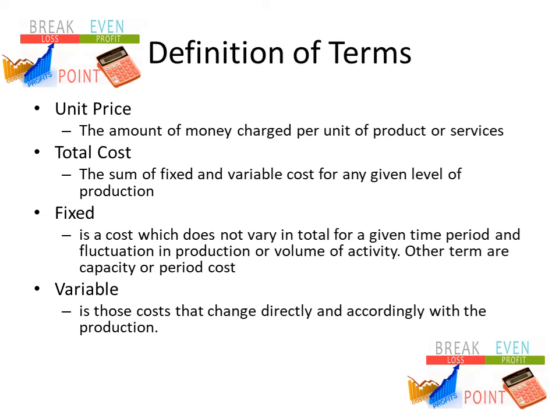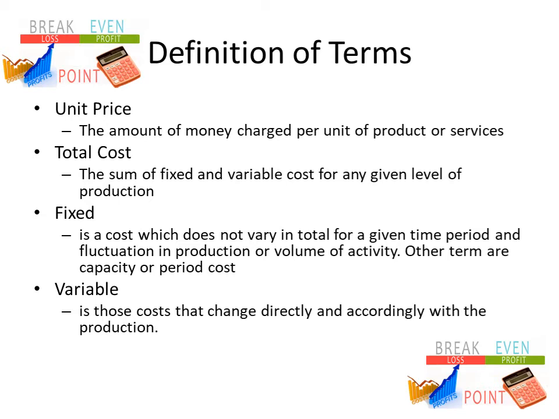Next, variable costs are those costs that change directly with production. Why? Because they change definitely per the number of units produced. So, if the variable cost is 1 per unit and we produce 1, then the variable cost is 1. If we produce 10, then the variable cost is 10. Unlike fixed cost, if we produce 1 and the fixed cost is 100, we still incur 100.